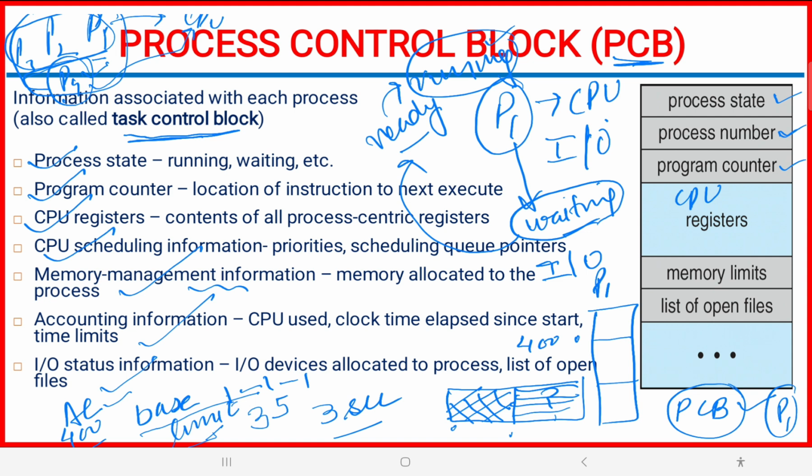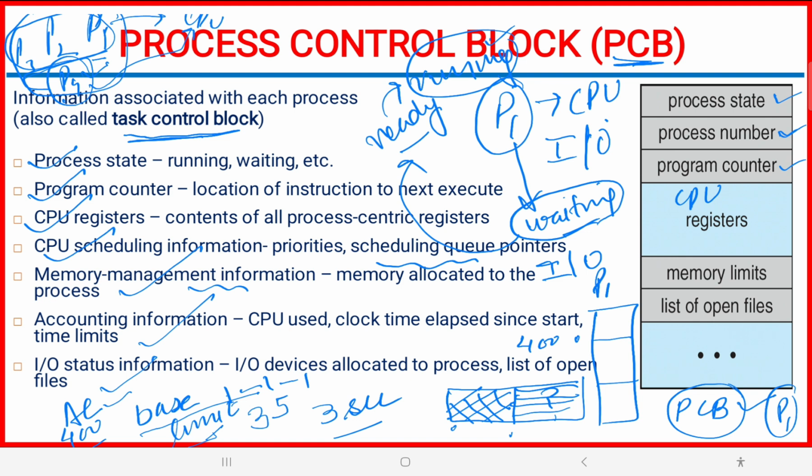Apart from that, there are scheduling queues and queue pointers. I'll show you in the next slide how this information is helpful in terms of execution. Another thing stored in this PCB is the accounting information.